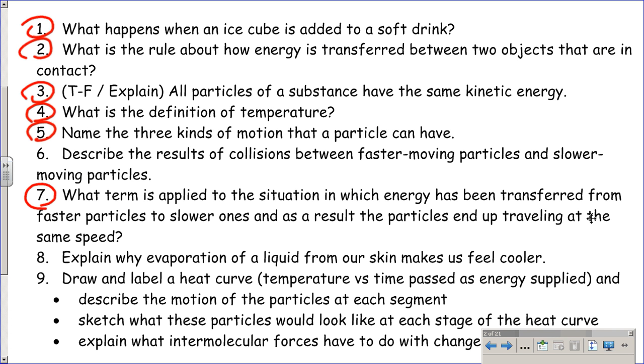So what's happening to the ice as that occurs? It's melting, right? As they transfer kinetic energy, the solid becomes more energetic and starts to melt. How do you observe this? You can observe it from a macro scale, like the ice literally melting, or you can use a TEM, a transmission electron microscope, or a SEM, a scanning electron microscope.